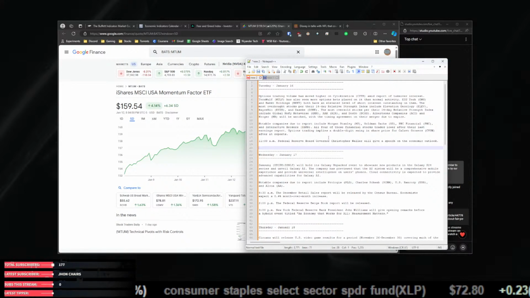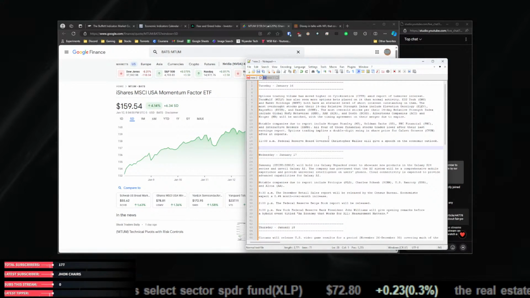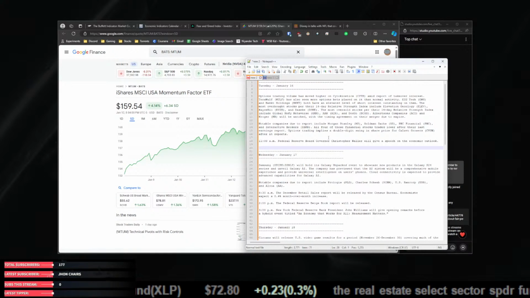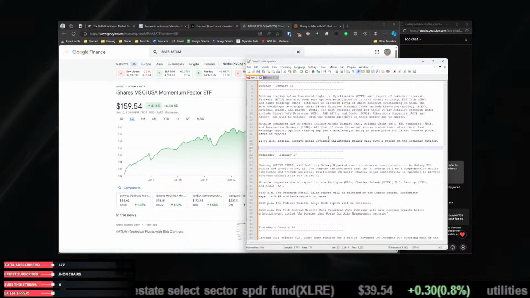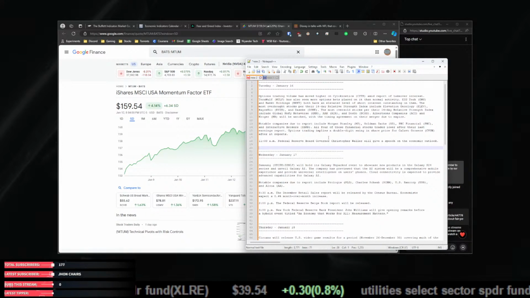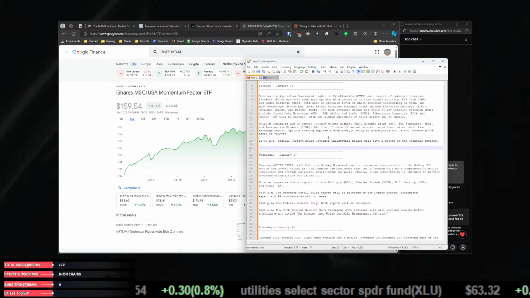So definitely keeping an eye on those if you're an option trader. They're also pretty overbought in the 14-day RSI. So definitely worth keeping an eye out.